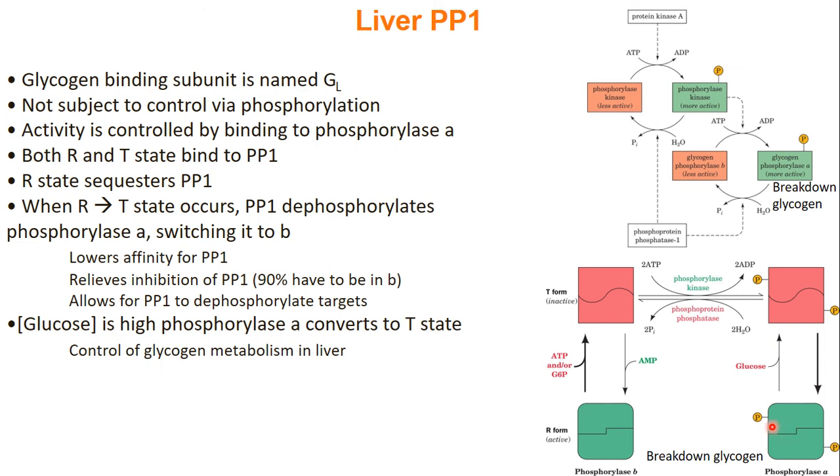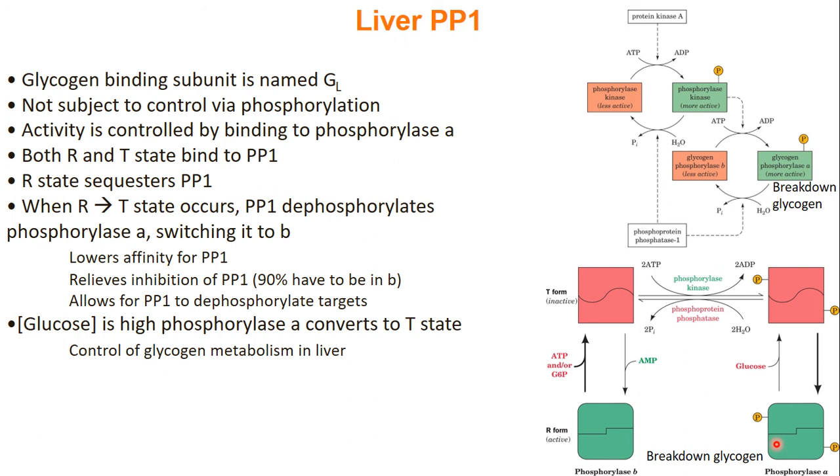And PP1 will dephosphorylate this and form it into the T form. Now, PP1 will bind to phosphorylase A both in the R form and the T form. So it will bind to the R form. So the R form binds to PP1.